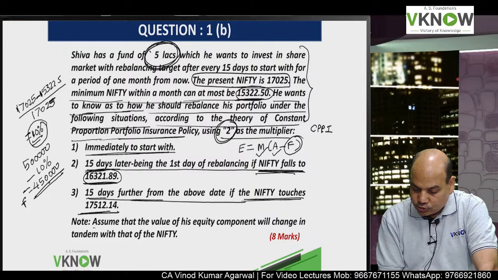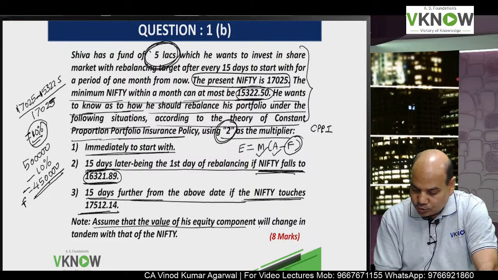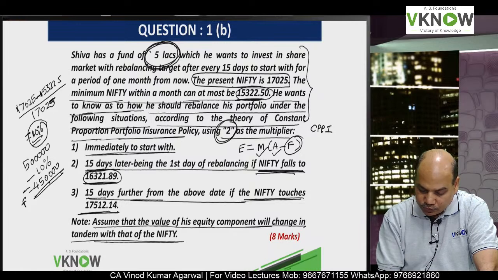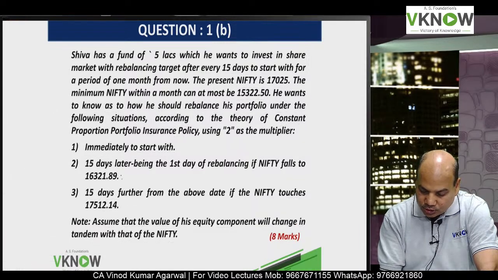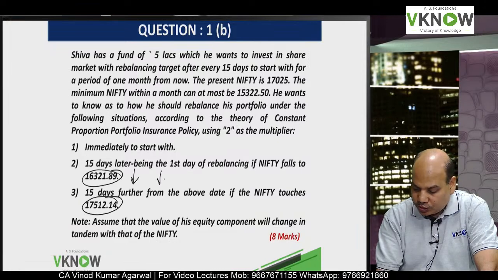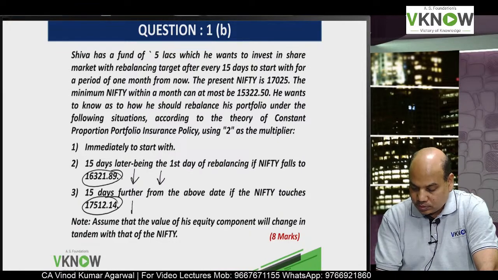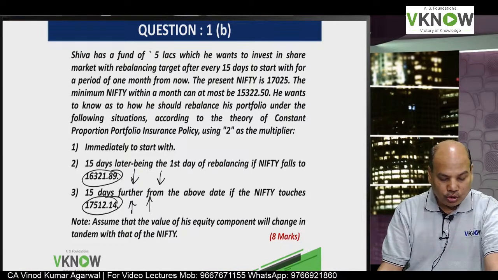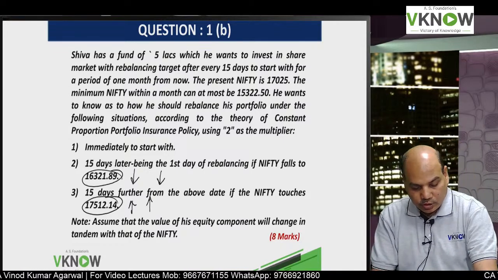Assume that the value of his equity component will change in tandem with that of Nifty. So if Nifty goes down, the equity value will also go down. If Nifty goes up, equity value will also go up proportionately.